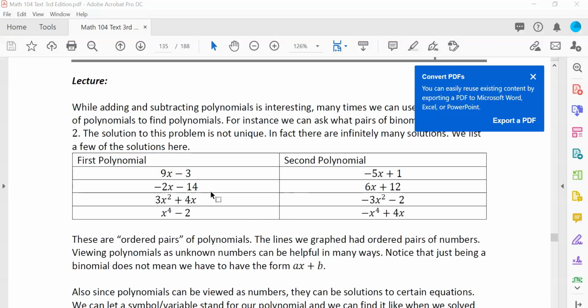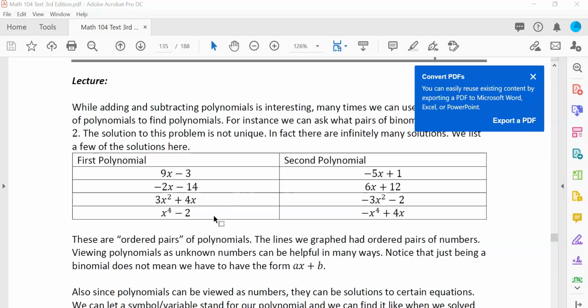Now, this starts out by just noticing that in the two variable equation types, there's lots of pairs which add to the same polynomial. If you check this 9x minus 3 and negative 5x plus 1, add those up, you get 4x minus 2. Well, if you take negative 2x minus 14 and 6x plus 12, add those up, you also end up with 4x minus 2.